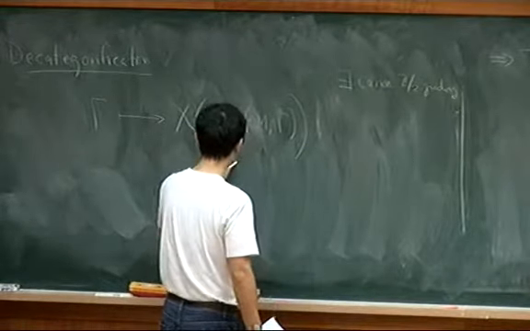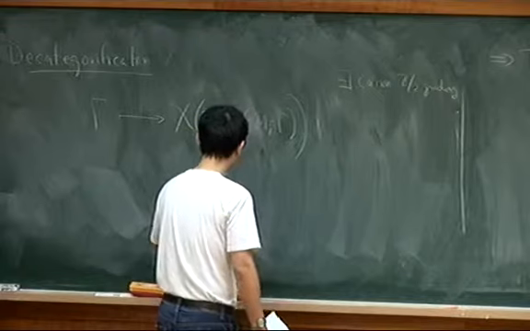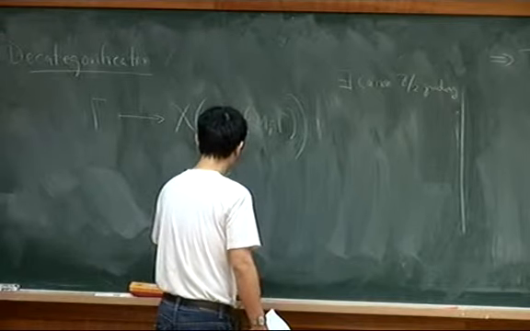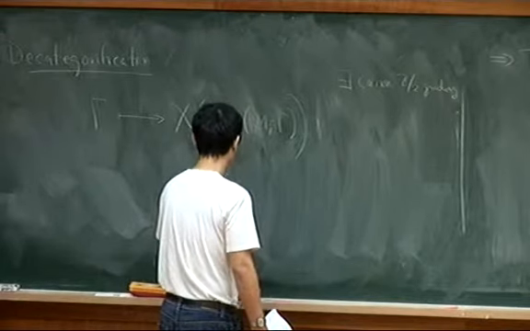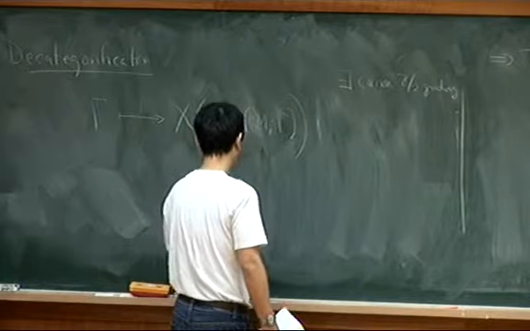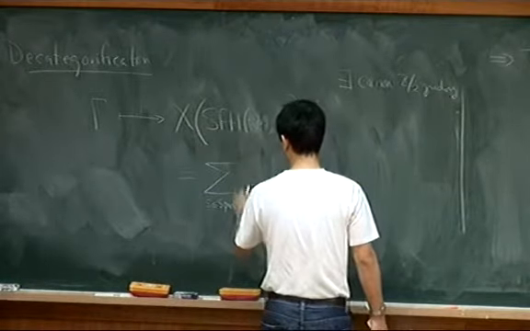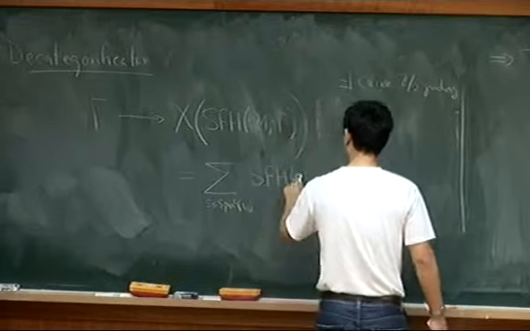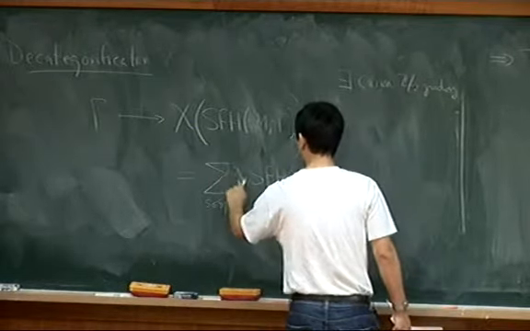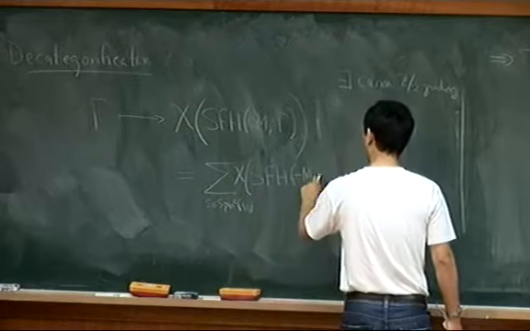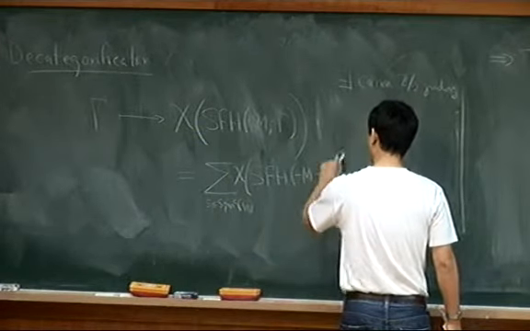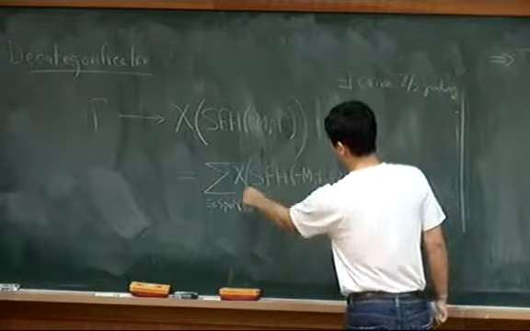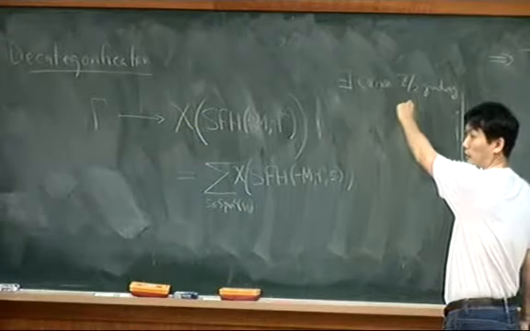This is, by definition, the sum over spin C structures of M, or maybe relative spin C structures, I'll be lazy, of the Euler characteristic of SFH of minus M, gamma, S. And this is calculated using the Z mod 2 grading.